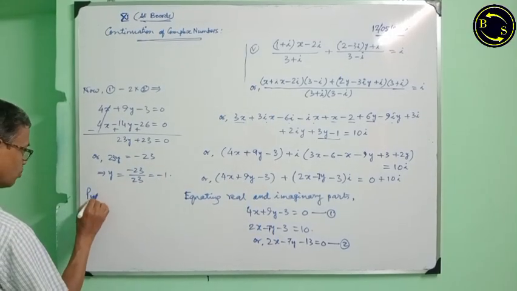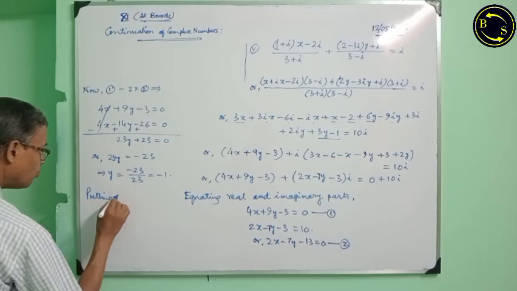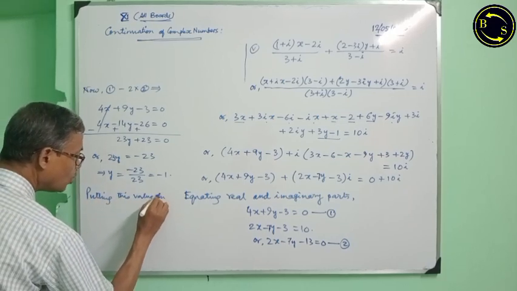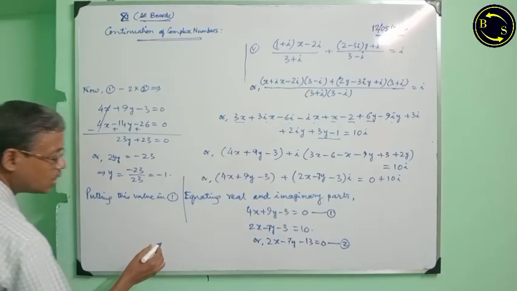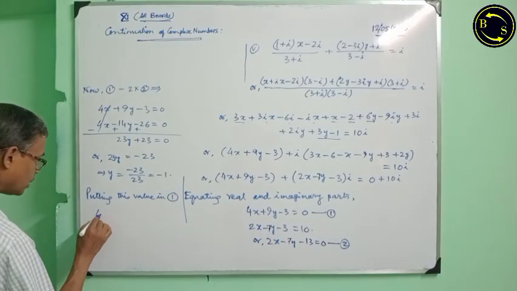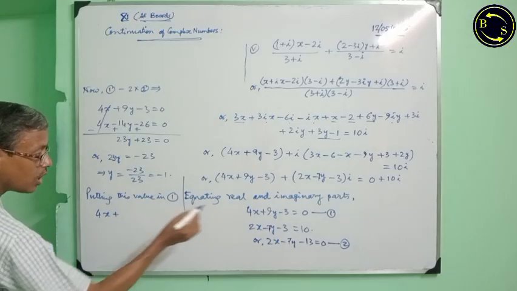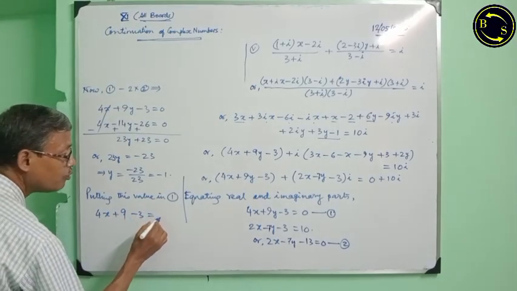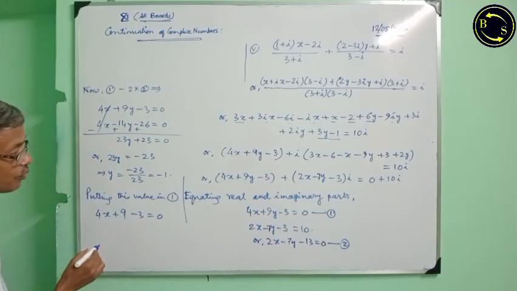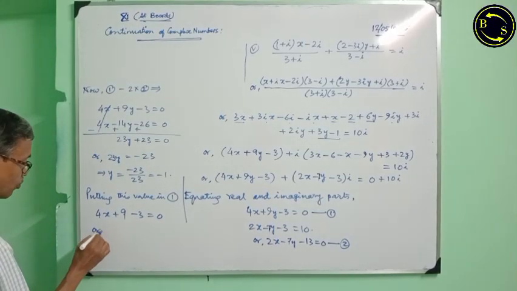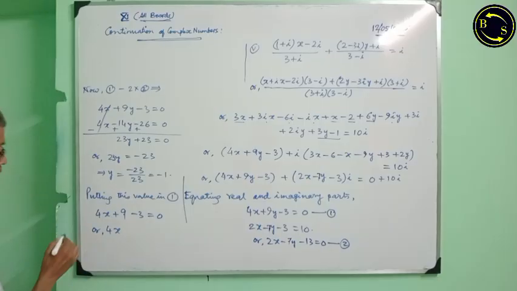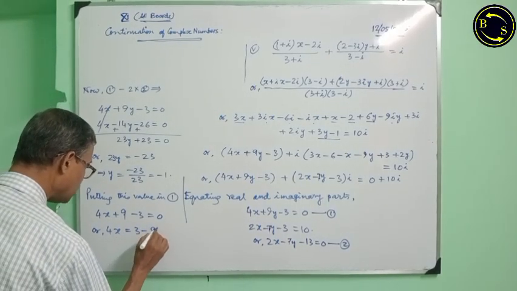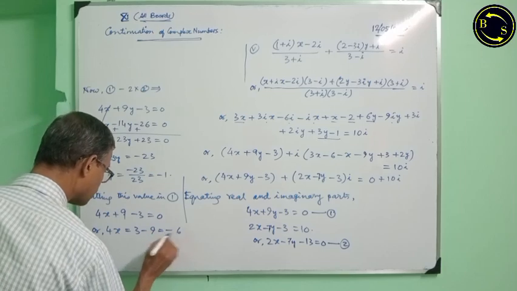Putting this value in 1, 4x plus 9 into 1 means 9 minus 3 equal to 0, or 4x is equal to 3 minus 9 equal to minus 6.